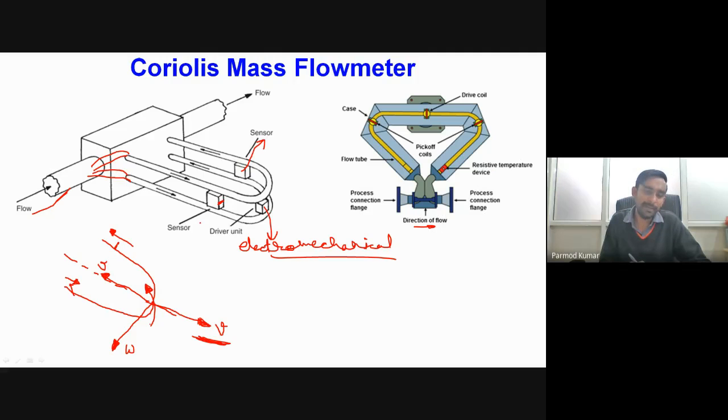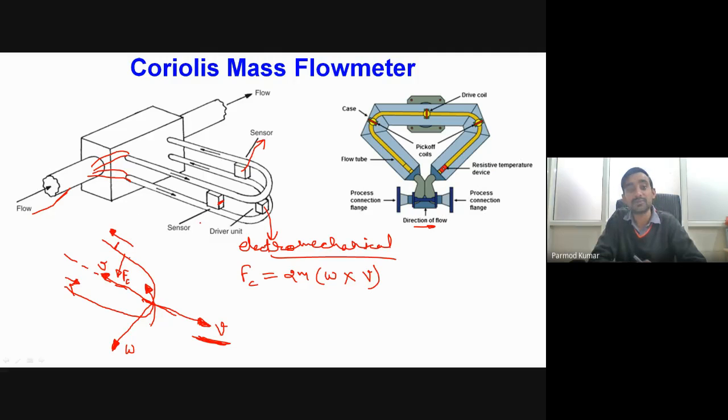Okay, so now what will be happening? We know that our Coriolis force is equal to 2m times omega cross v. So it is the cross product of angular velocity and the velocity of the fluid medium. So because of that, what will be happening over here in this particular section, if you apply the right hand thumb rule, if you curl the fingers of your right hand from omega direction to this direction of v, in that case you will find that the Coriolis force will be in downward direction on this right hand side.